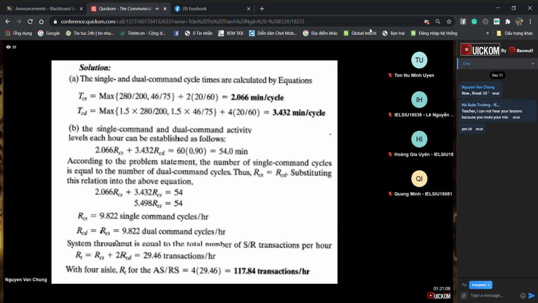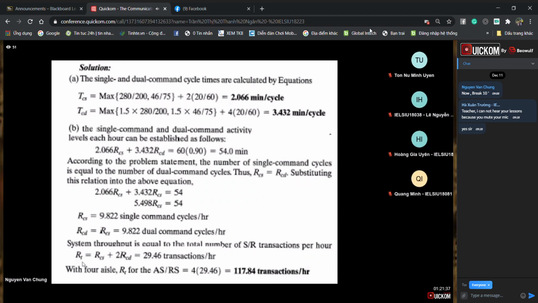Okay, and the system's throughput is equal to the total number of S/R transactions per hour.